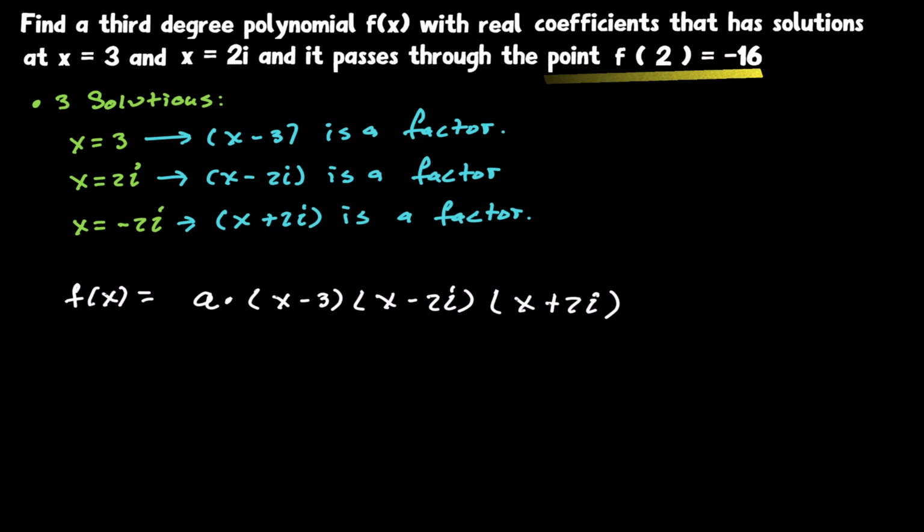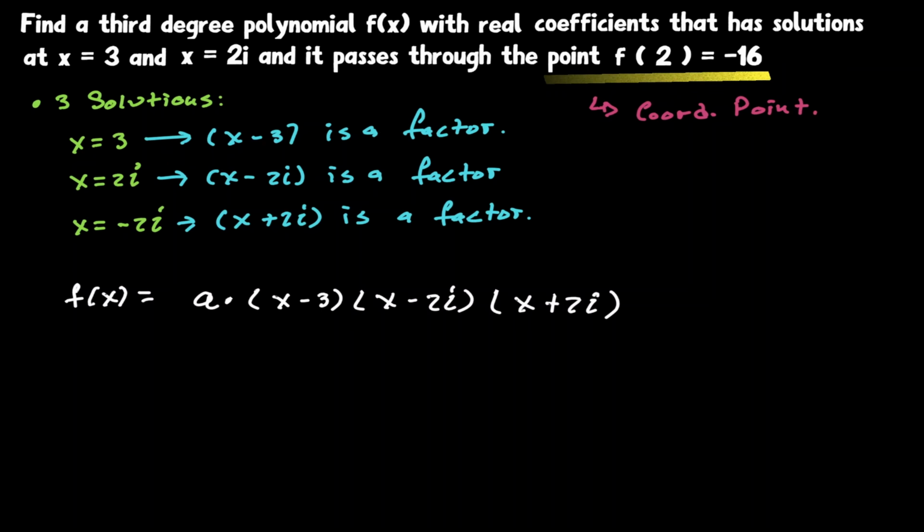How can we guarantee that this function passes through the point of f evaluated at 2 equals negative 16? Well, we can think of this also as a coordinate point. The value of 2 is the value that x was evaluated at. The value of negative 16 is the y value that we obtain out.